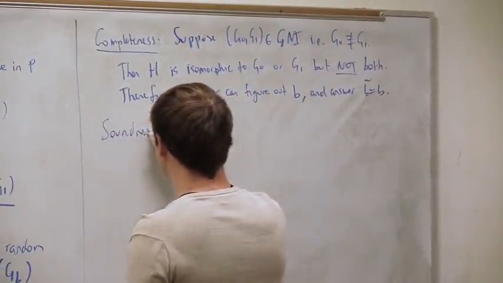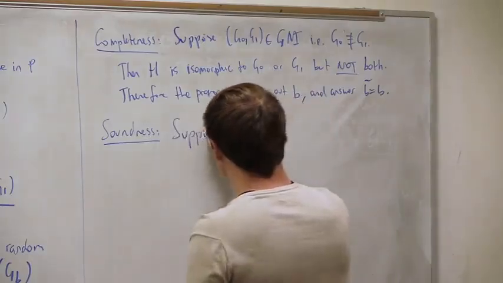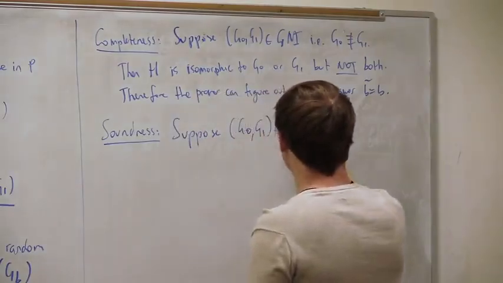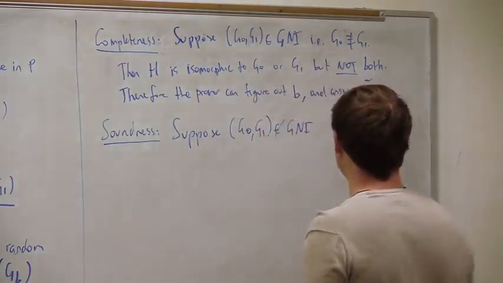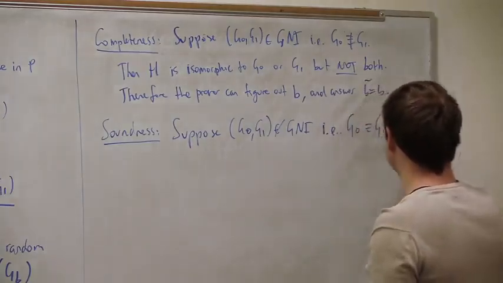For soundness, we're going to say, suppose that G0 and G1 are not in the GNI language. Namely, they are isomorphic.